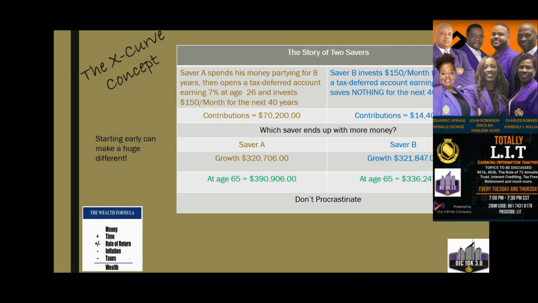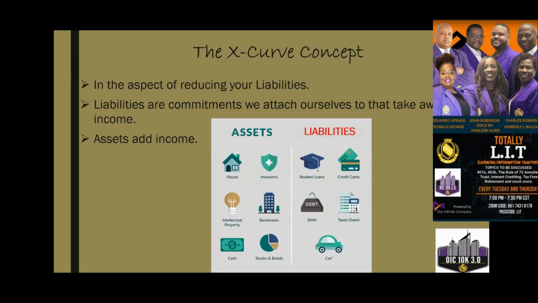But Saver B, if Saver B decides, you know what? That 14,000 that I invested and grew really did me justice. I'm going to just say maybe an extra year or so. He would still be ahead of Saver A. So the moral to this story is don't procrastinate and keep in mind the X curve concept.